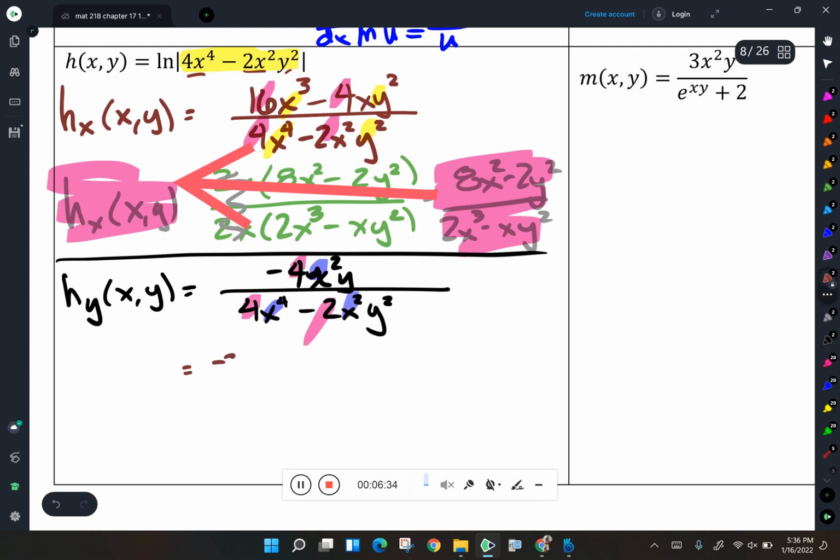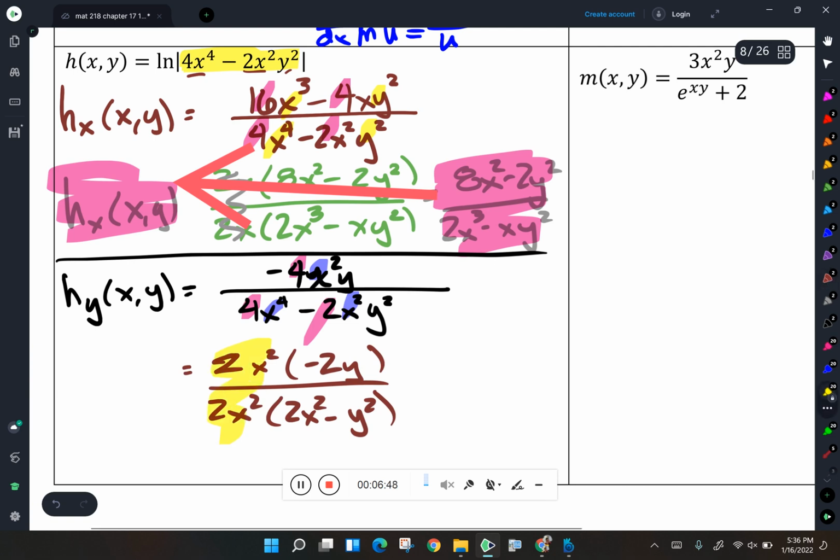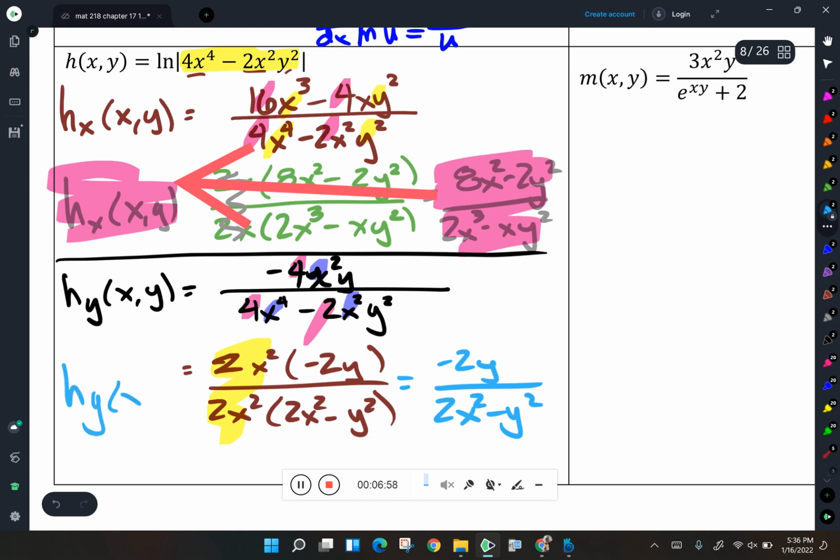So that's just positive 2x squared times negative 2y over a positive 2x squared times 2x squared minus y squared. Right? Those guys will cancel. So that's going to give me negative 2y over 2x squared minus y squared. And that's my h sub y, my partial. Well, that's not too bad at all.